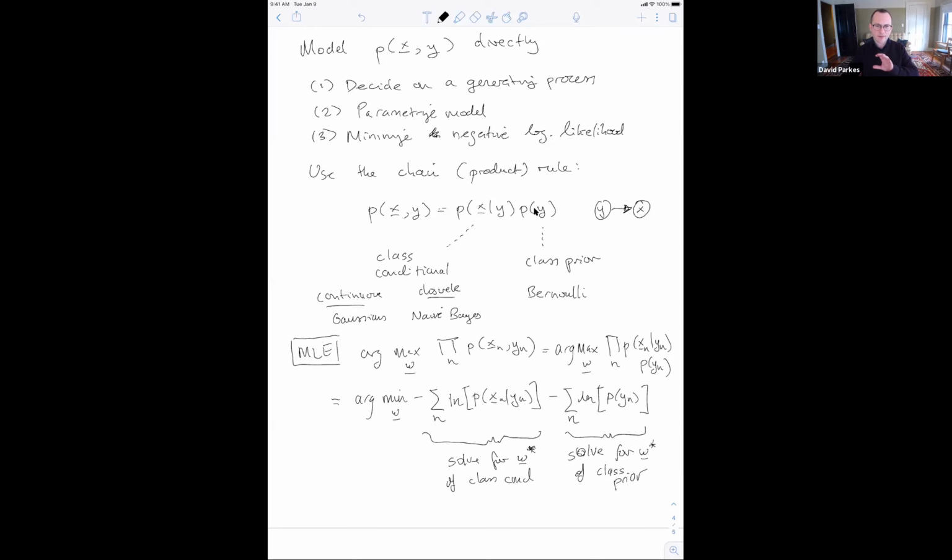Because the parameters for this distribution only appear here. I'm not writing the parameters explicitly here. I hope that's not confusing you. So it's implicitly parameterized by parameters. And the parameters for this part of the distribution only appear here. So I can kind of separately solve these two optimization problems. And we will generally, in this case, be able to get at that analytically, okay, when we solve.